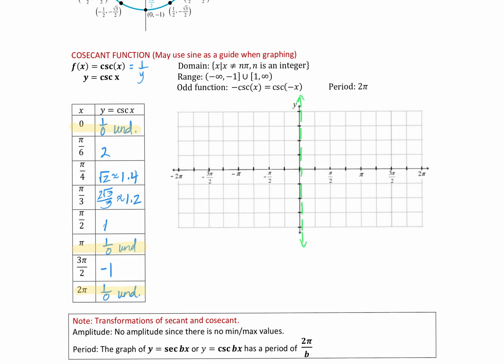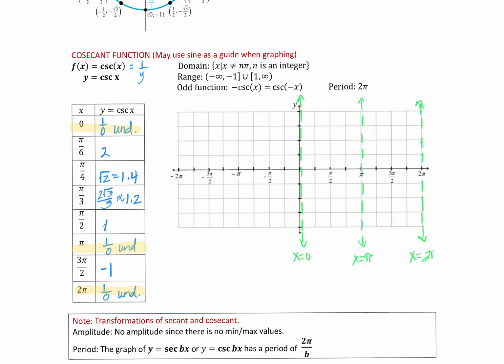Remember, these are vertical lines. So this is x equal to 0. That's one asymptote. And then at pi, I'm going to have another one. So as a reminder, remember that vertical asymptotes are vertical lines that your function will approach but never cross or touch.